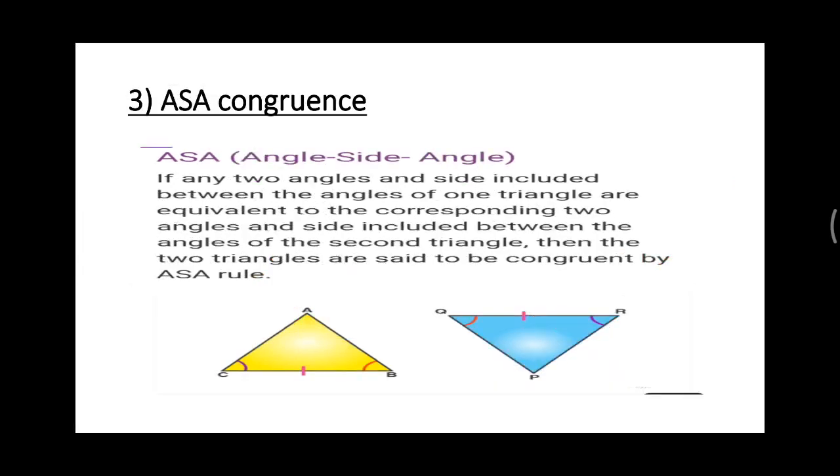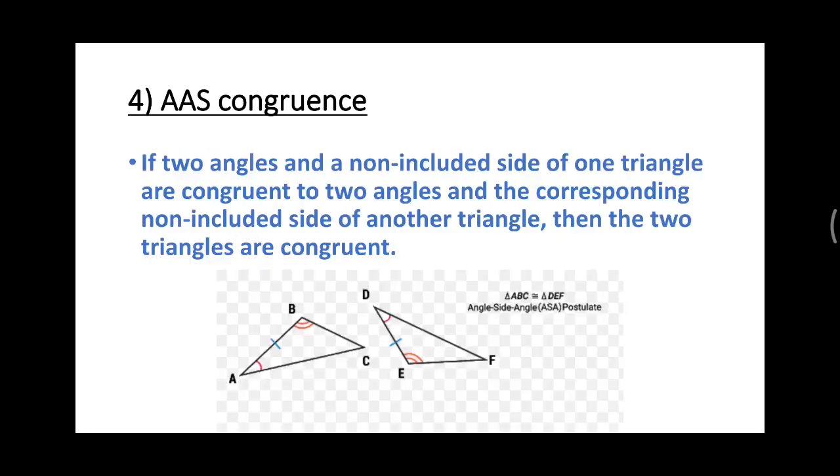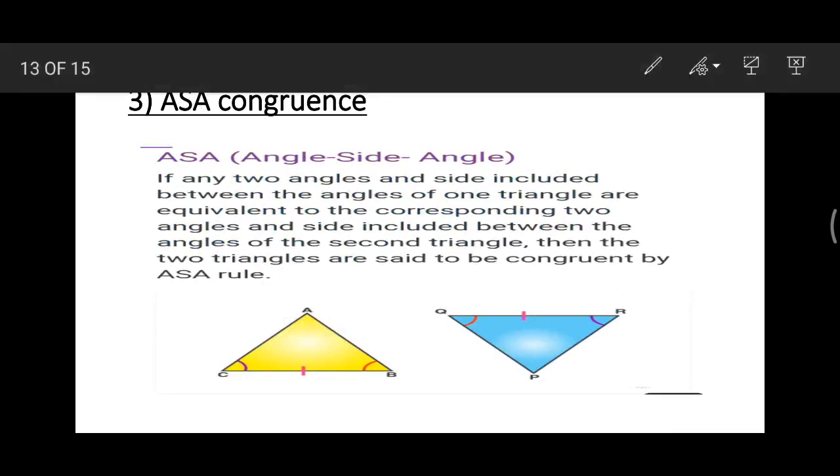This is third congruence condition, ASA. A for angle, then side, then angle. Angle, side, angle. If two angles and the side included between the angles are equal, then these triangles are congruent by ASA congruence.